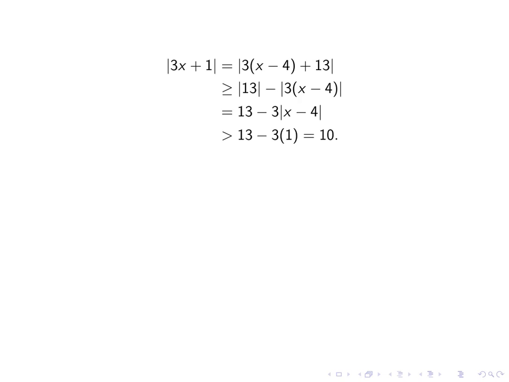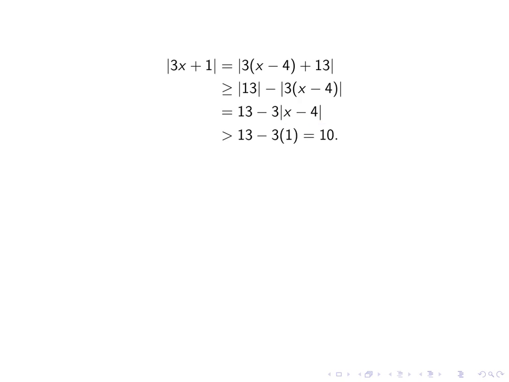Then here's where the reverse triangle inequality comes in. 3 times (x - 4) is assumed to be quite small, and so that's what you're going to subtract in your reverse triangle inequality. So the absolute value of 13 minus the absolute value of 3(x - 4). Simplifying the absolute values a bit, you can take out the positive integers.